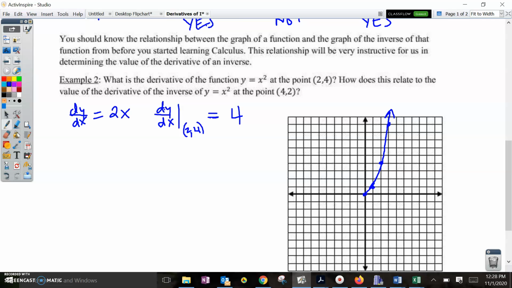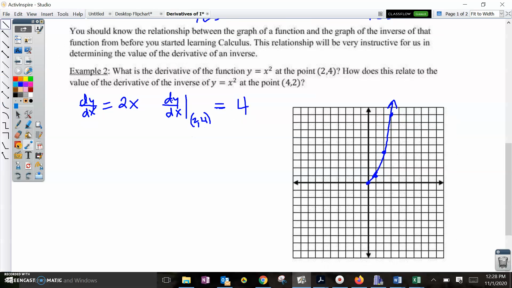And so the slope of the tangent line to the curve through that point is going to be 4. And so the tangent line to this curve at the point looks something like this.